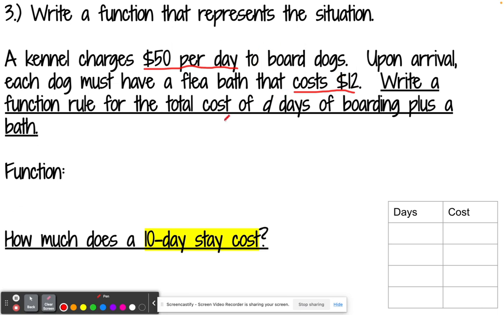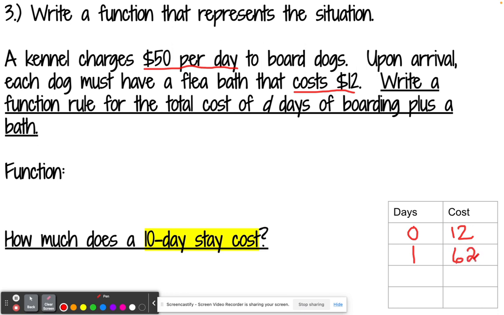We want to write a function rule for the total cost, days of boarding plus a bath. So let's look at this. If I don't stay any days, if I just show up, it's my first day there, I haven't stayed at all yet, I'm having a bath, and it's $12. Well, I'm not having a bath, my dog is. If I stay one day, I'm going to have $50 plus a bath, so it's going to be $62.